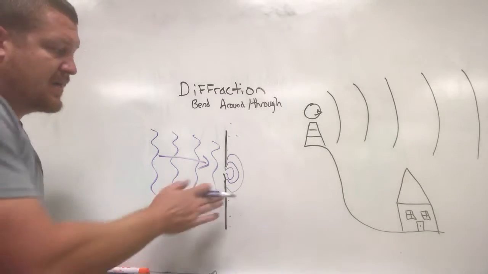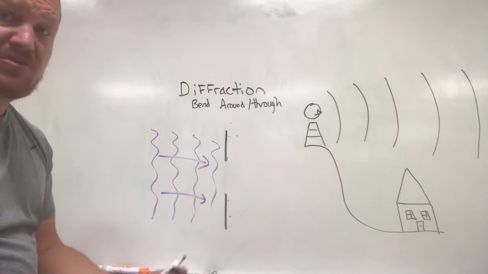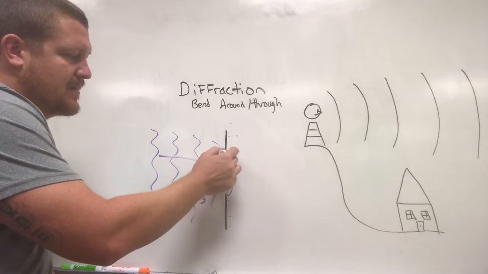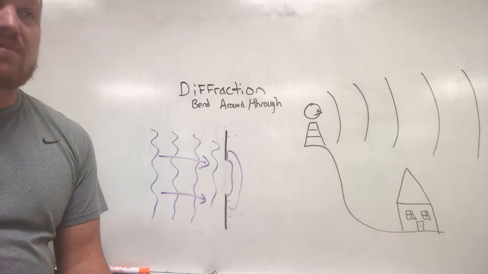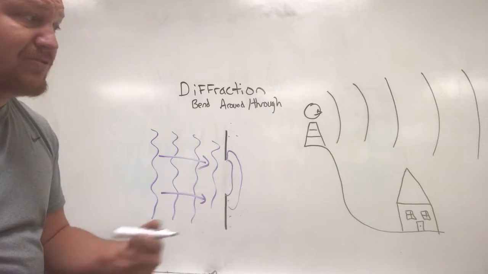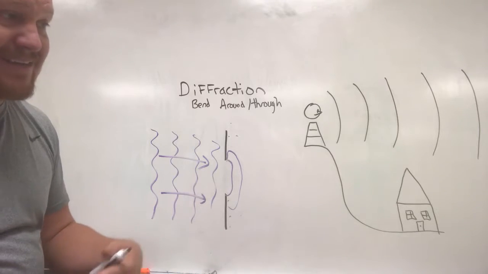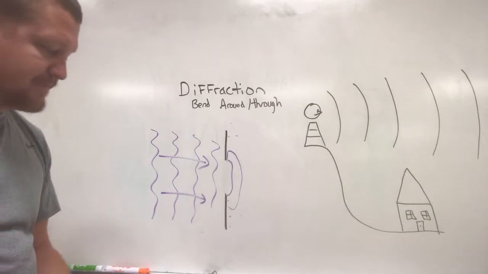If the hole in the bay wall was made larger, it wouldn't have to diffract as much. So if the opening was larger, it would still diffract, but there would be less diffraction. If the hole was small, it'd have to diffract more in order to bend and fill that space up.